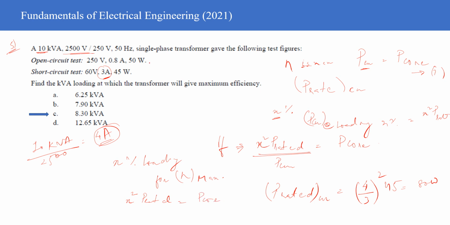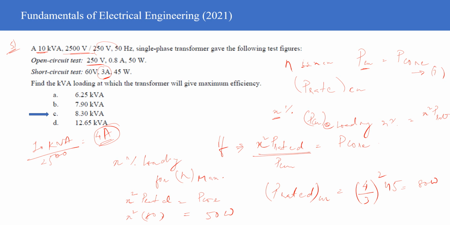And the core loss is given to you. The core loss has been evaluated at 250, which is the same voltage as the rated voltage of the transformer. So no need to do any further calculations there. You can just write the P core loss is equal to 50 watt, and the X can be evaluated as 50 divided by 80 under root, right?